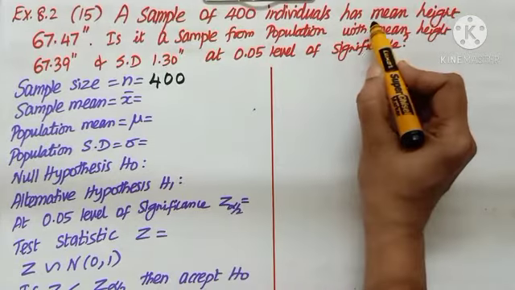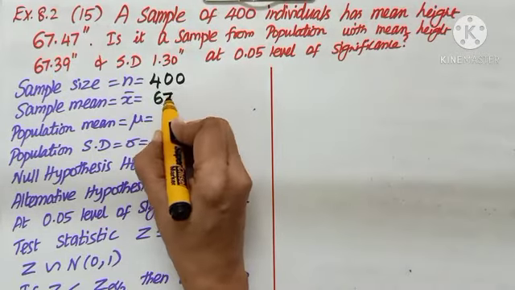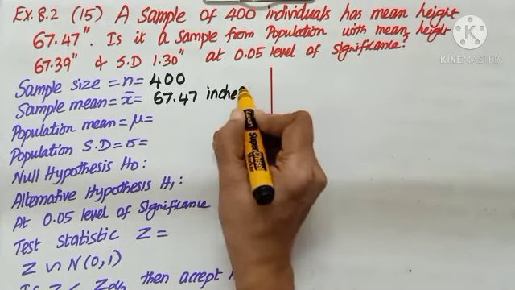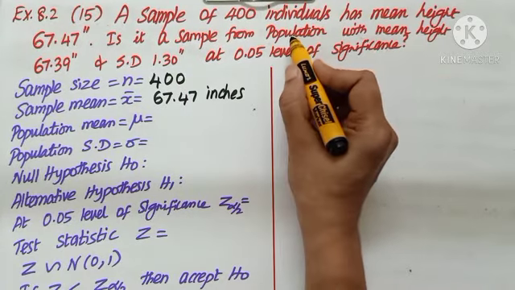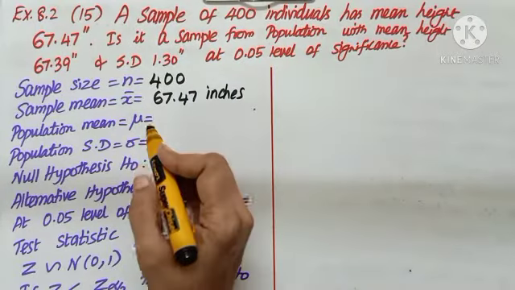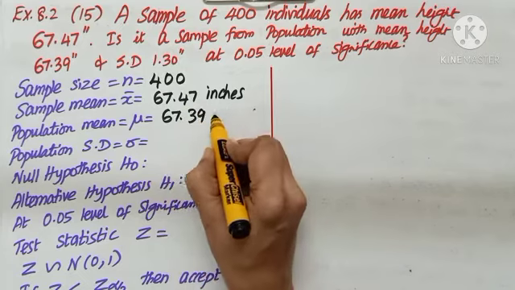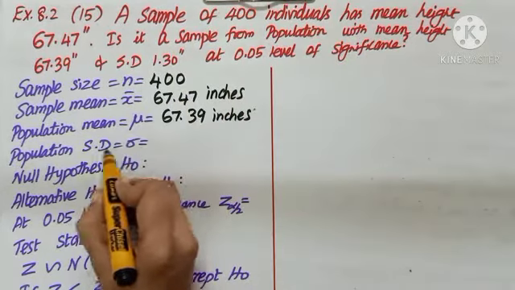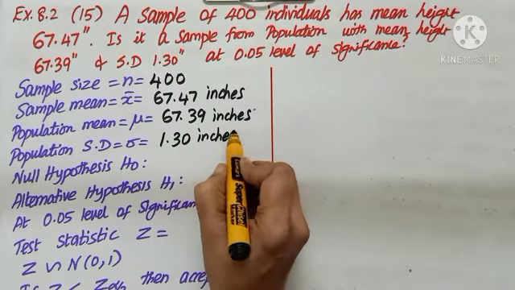The sample has mean height 67.47 inches. That is X bar. Population mean, I take mu 67.39 inches. The standard deviation of the population sigma is 1.30 inches.